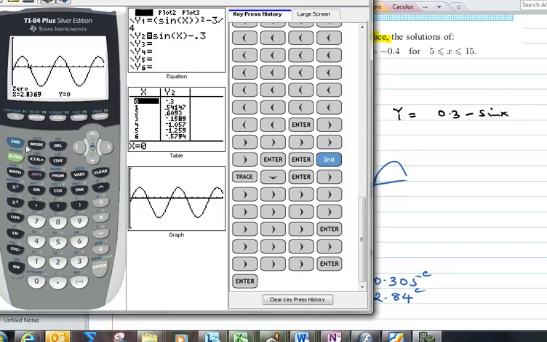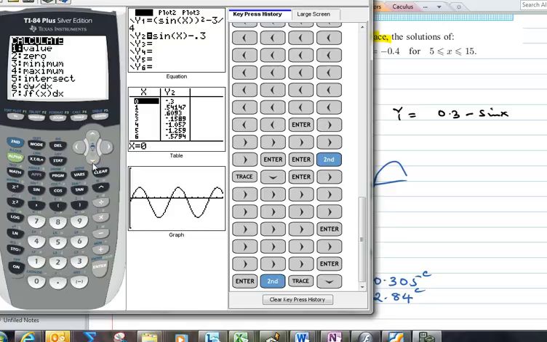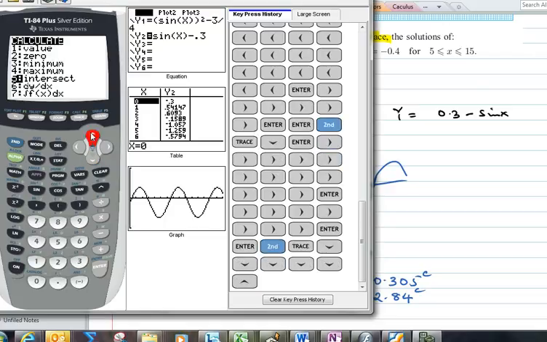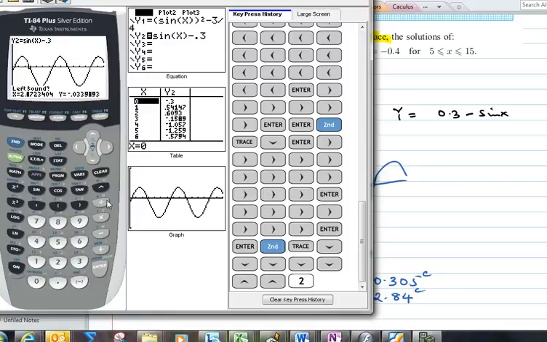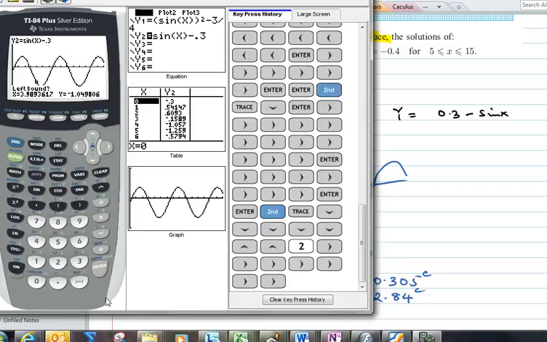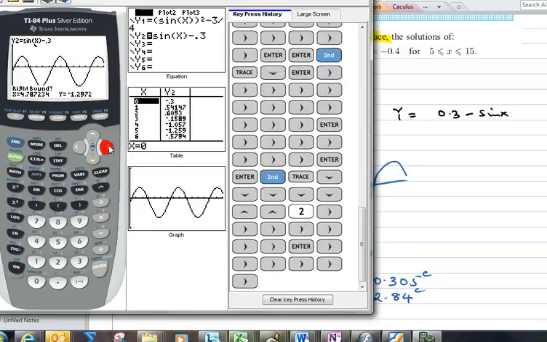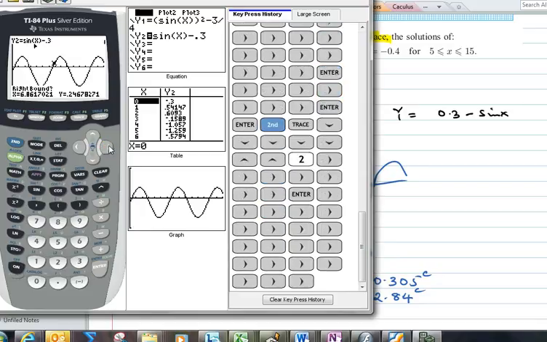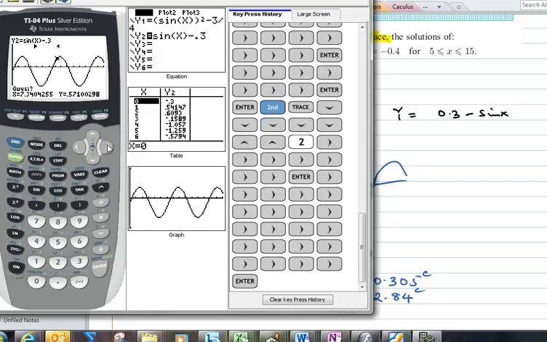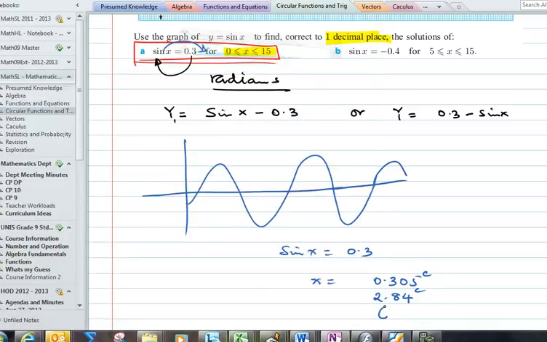And then again, second function of trace, I want zero, number 2. Could actually type in just number 2, and then left bound there, right bound there, and the solution is 6.59.